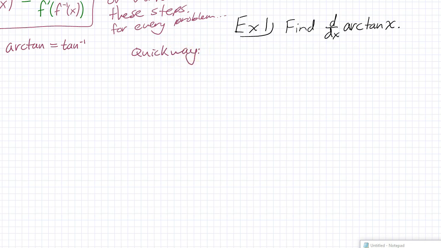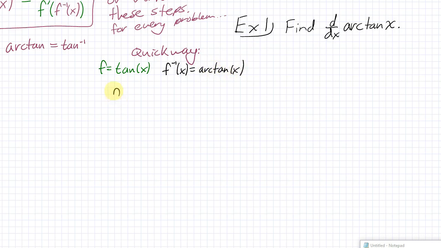So the quick way using the rule is to just say our function f that this is an inverse of is tangent. And that means f inverse is our arctangent function.